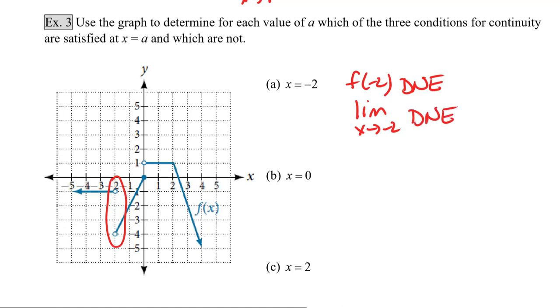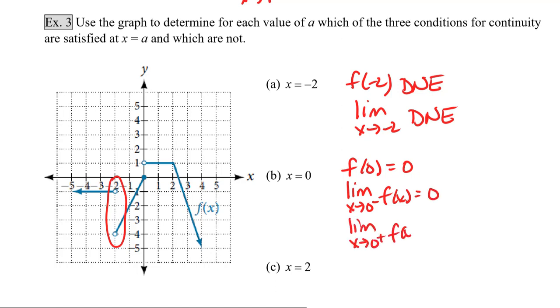At x equals 0, we can see that f of 0 exists. That is equal to 0. But the limit as x approaches 0 from the left is equal to 0, while the limit as x approaches 0 from the right of f of x is equal to 1. So we are not continuous because the limit as x approaches 0 of f of x does not exist.